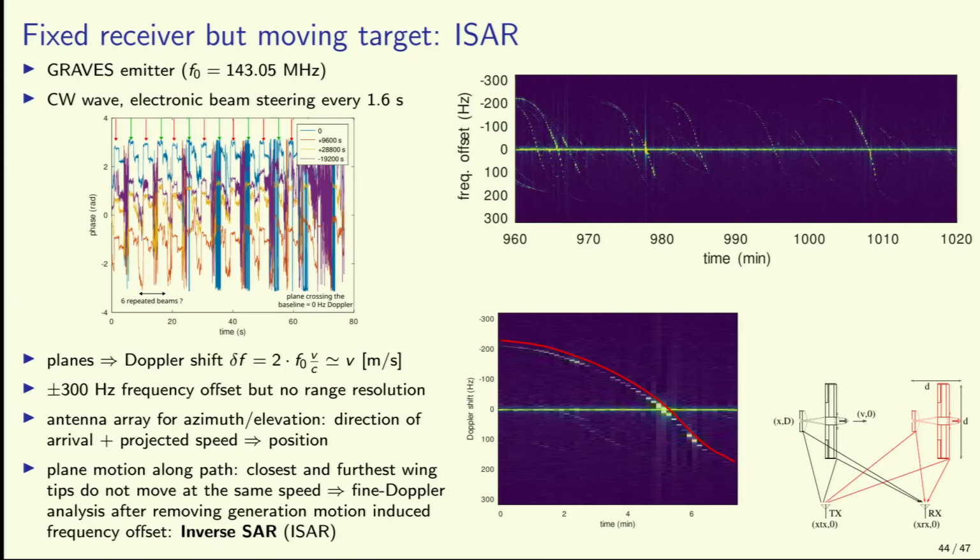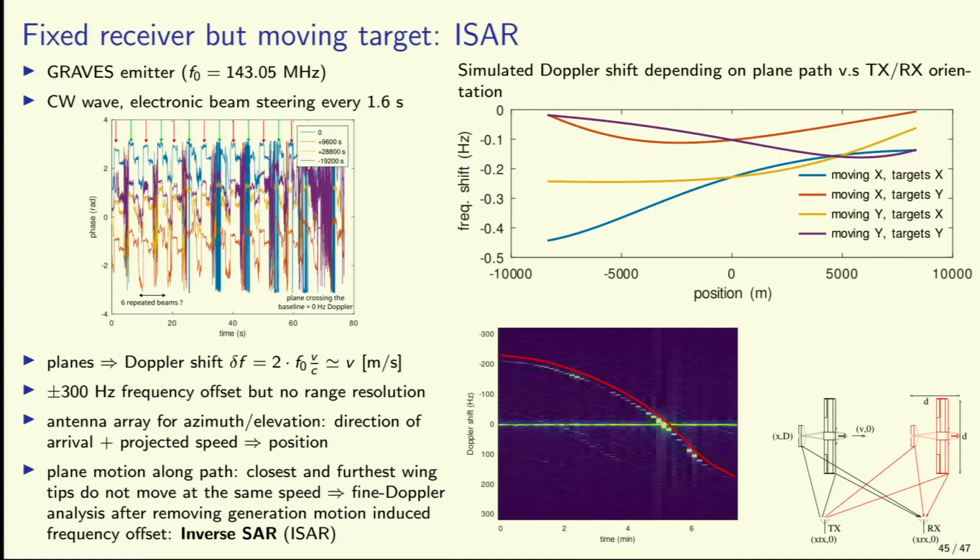So ISAR is about micro-Doppler analysis. Once you've removed the coarse shape of the motion or path of a plane or of a ship, because this is often used in maritime radar, you will end up with a sub-Doppler analysis, and this gives you a signature of what this target might be.